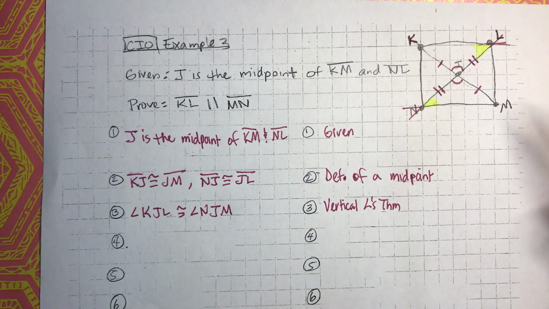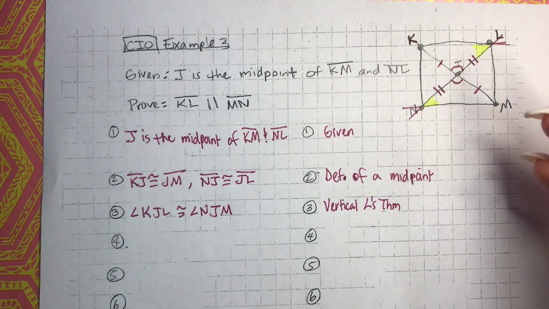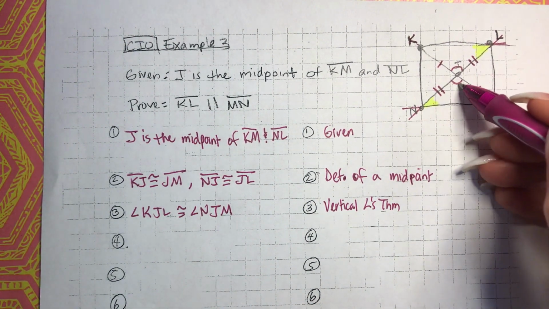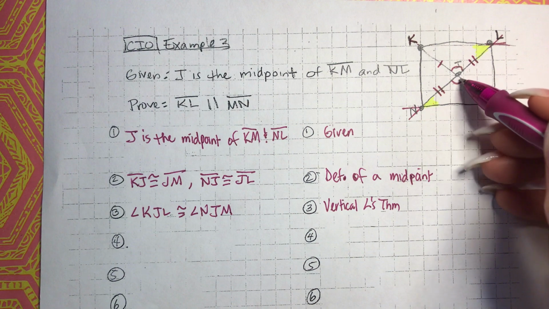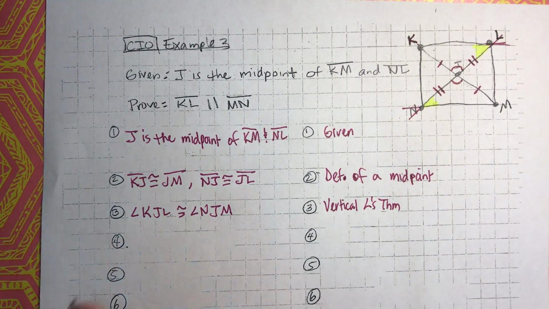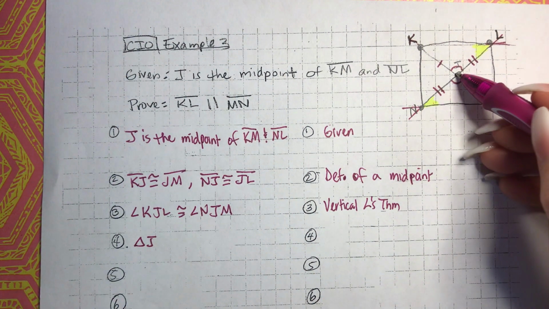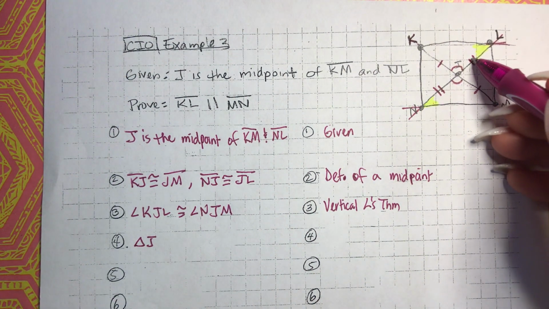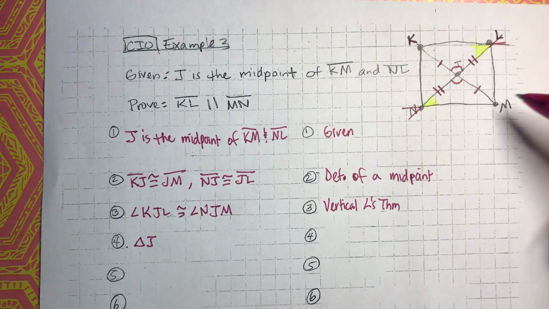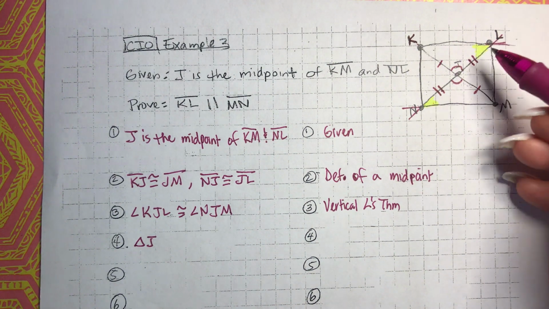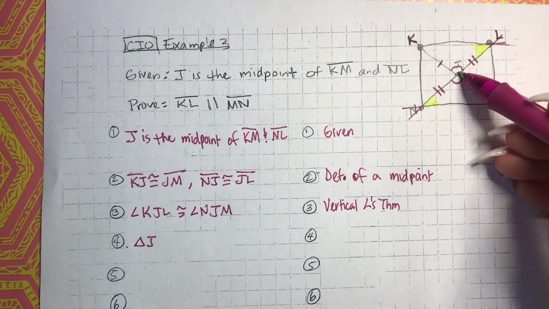So now we just need to write the triangles correctly. I'm going to start with J here because we know those are congruent angles because of the vertical angles theorem. So I'm going to say triangle J, and then I'm going to go in the direction of the side that has a 2. But you could go this direction. It doesn't matter, you just have to write it correctly. So I'm going to go towards the 2.